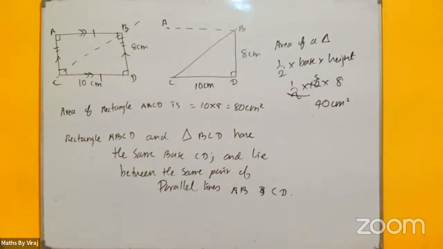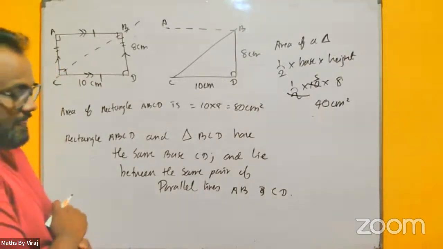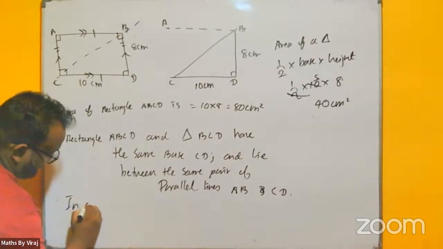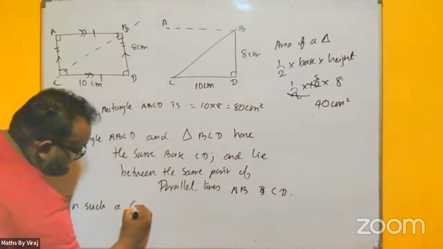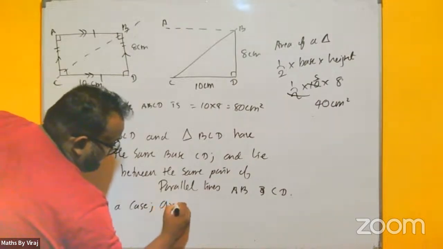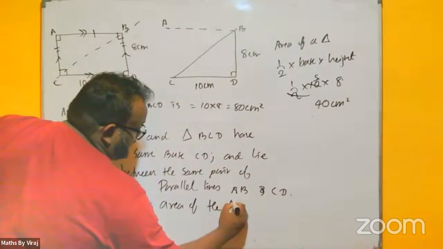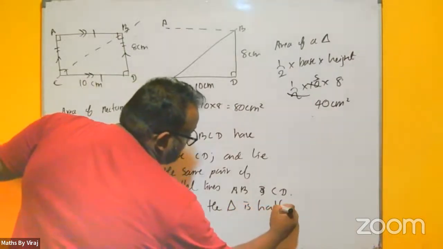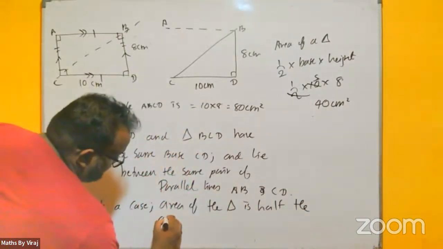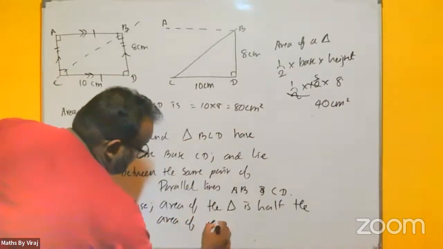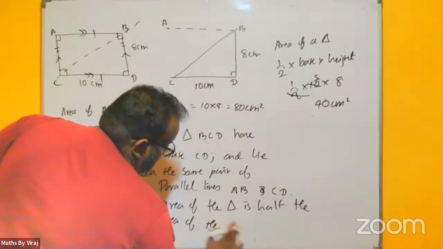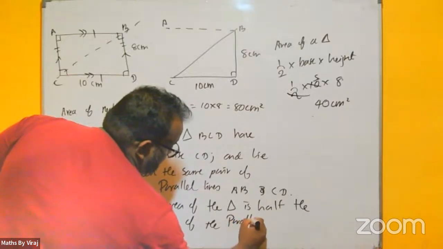Rectangle ABCD and triangle BCD have the same base CD and lie between the same pair of parallel lines AB and CD. In such a case, the area of the triangle is half the area of the parallelogram.